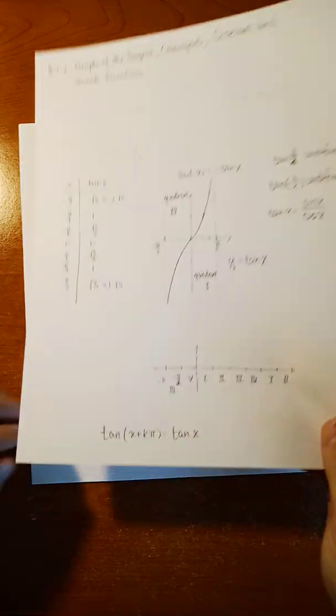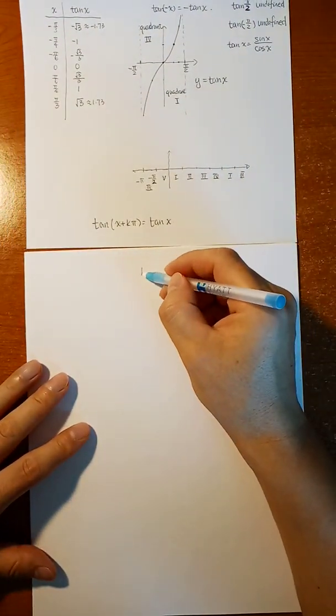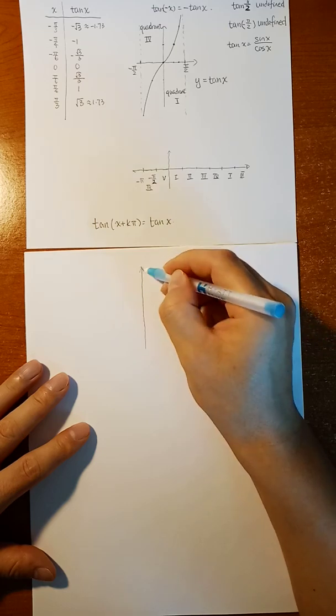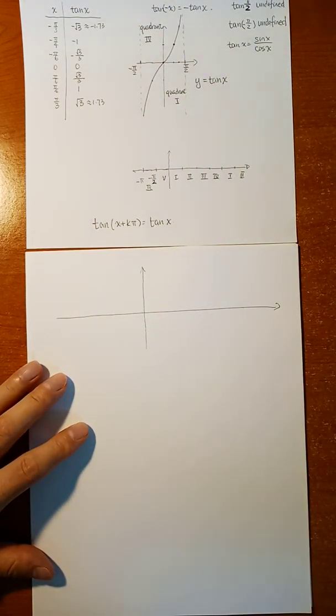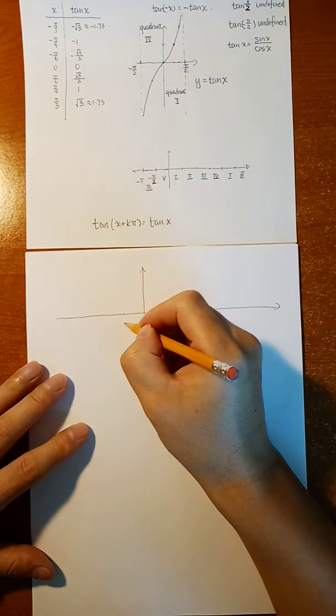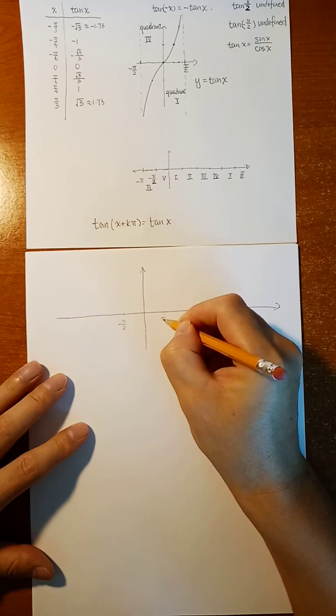So if we want to get a complete graph of the tangent function, it's like this. It's pi, negative pi over 2, pi over 2.